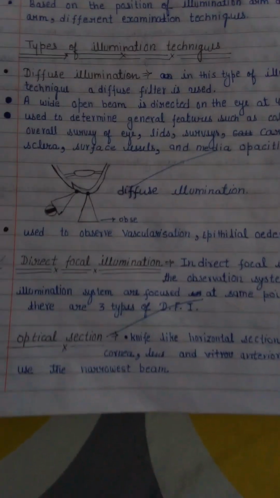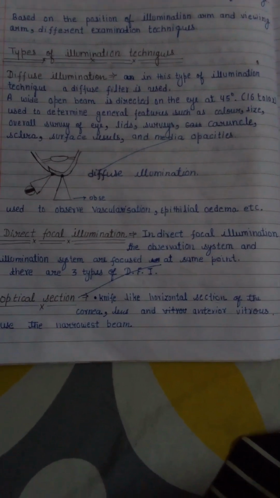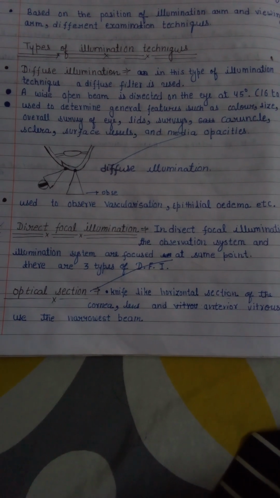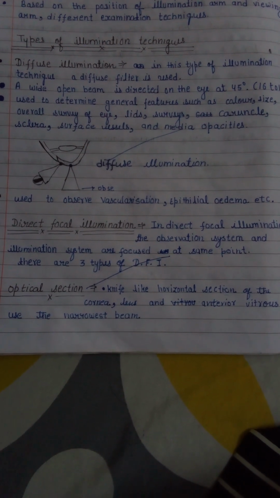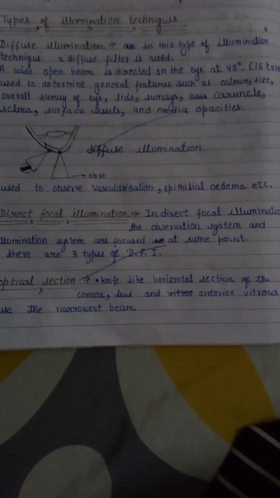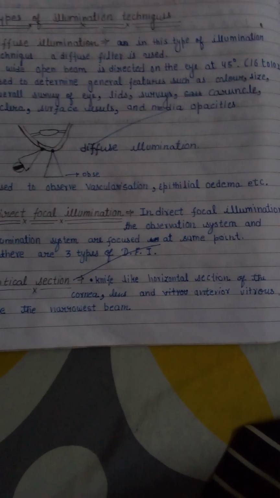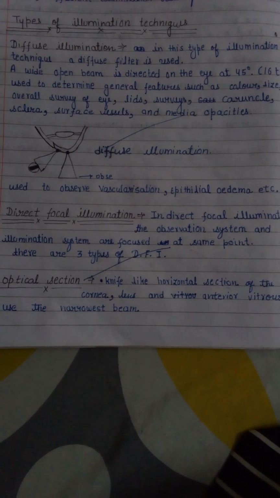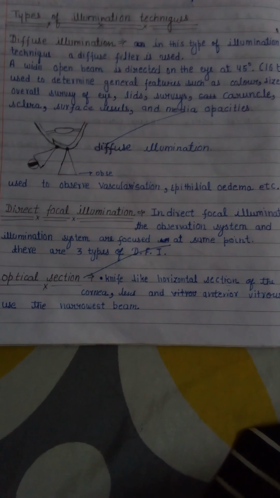Now we will discuss direct focal illumination. In direct focal illumination, the observation system and illumination system are focused at the same point. There are three types of direct focal illumination.